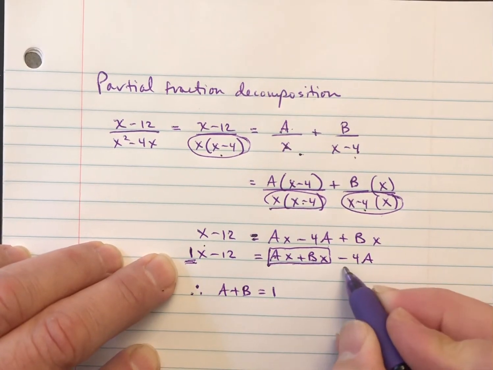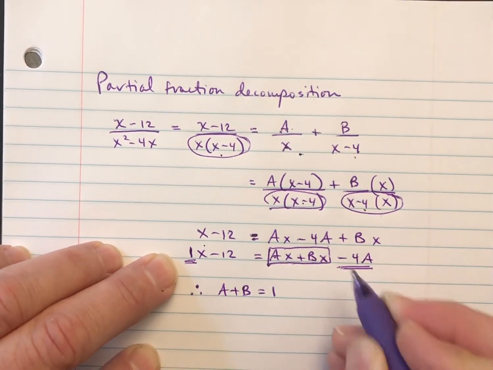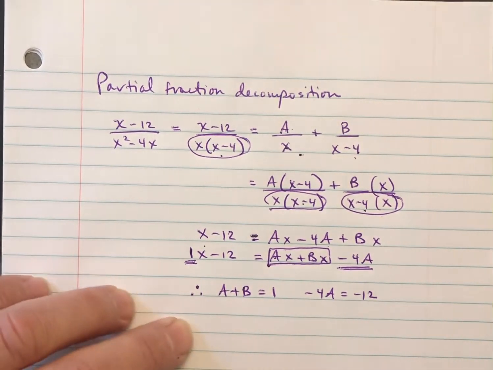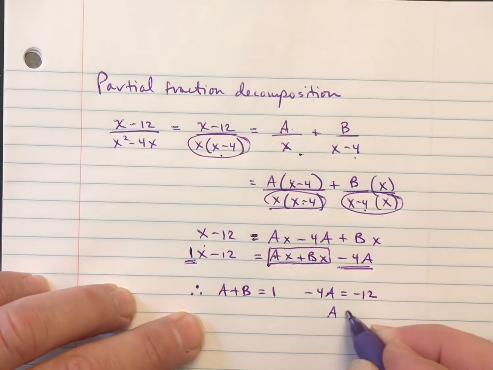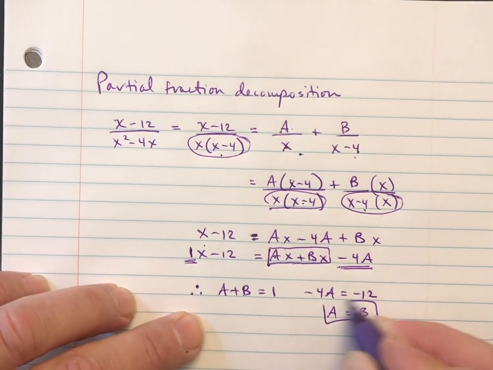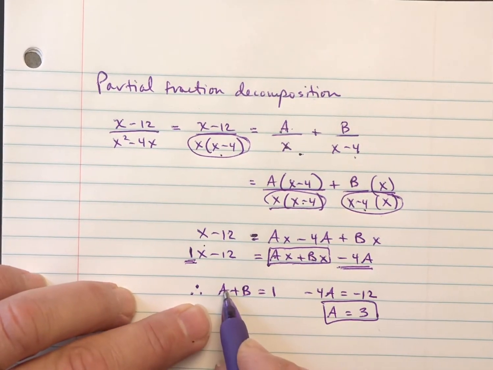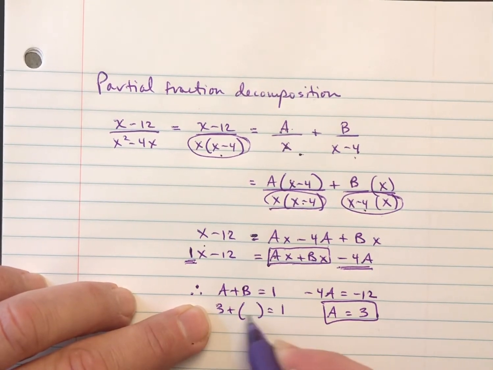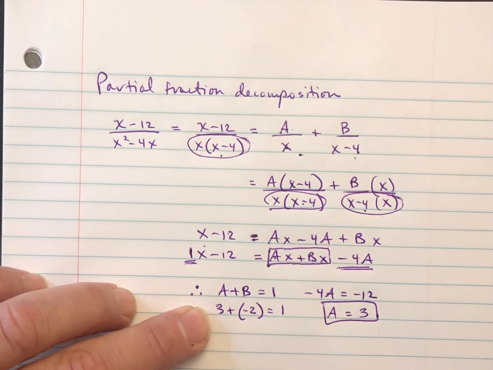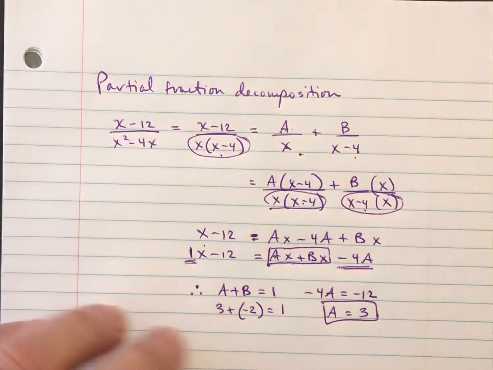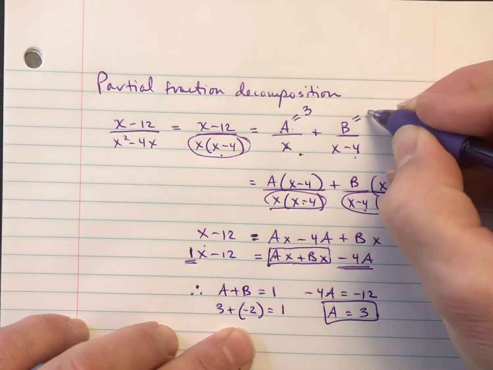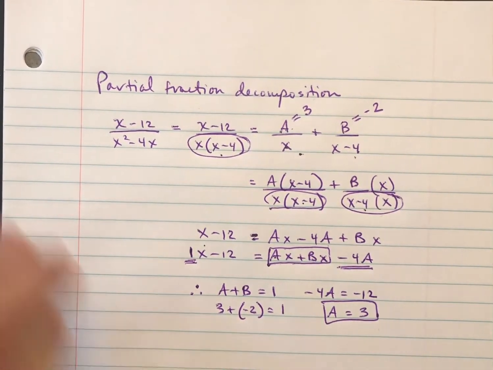But we also know that the constant part, negative 4a, has to be negative 12. And so now I can find out that a is 3, and once I know that a is 3, 3 plus negative 2 equals 1. So when I go back to the original problem, I know that a would be 3, and I know that b would be negative 2.